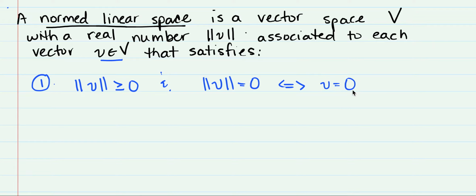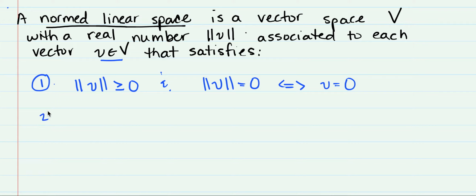So this is very similar to an inner product space. In fact, this has to be true for inner product space, because remember that the norm is defined in terms of the inner product, and we want that inner product to be greater than or equal to 0, and we want the inner product to be equal to 0 only when the vector is 0. So that has to be true.